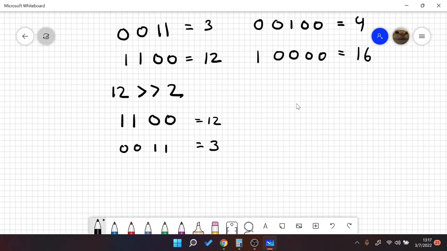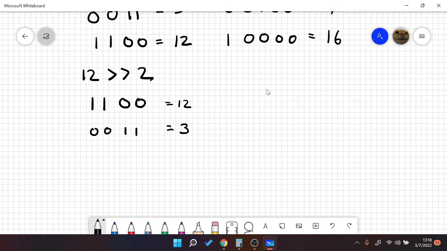Maybe let's do an odd number so it's easier to see here. Let's try 1, 0, 0, 1, and so that number is equal to 9. And we're going to shift that right twice. We drop this 1, the 1 on the right, and then we get 0, 0, 1, 0.